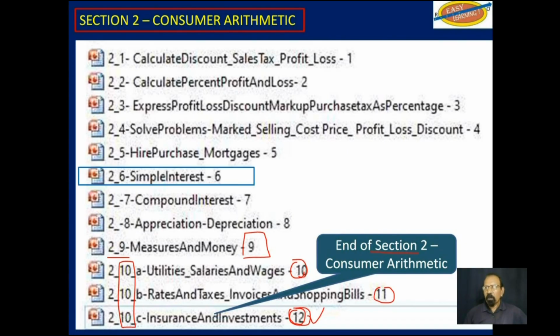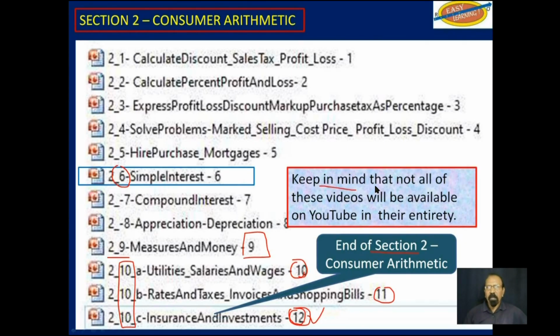Right now, this video deals with objective 6, simple interest. Keep in mind that not all of these videos will be available on YouTube in their entirety. At least part of every video will be on YouTube, but not all the complete videos will be available. This one, objective 6, simple interest, this complete video is available on YouTube.